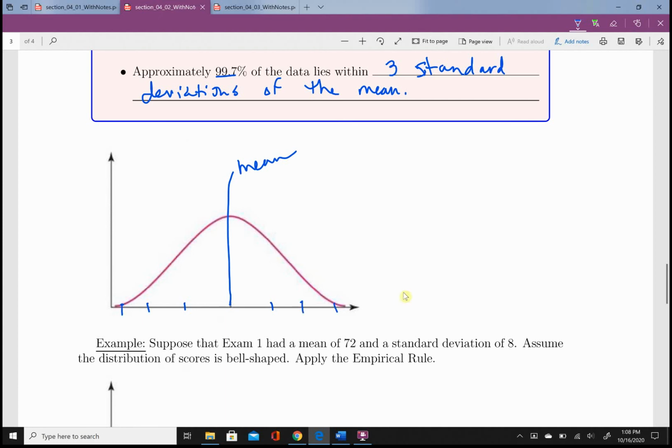The standard deviation value is constant. I tried to make these equidistant, but this length is a little bit more than that one, which is a little bit more than that one. So just bear with me. Just pretend these tick marks are all equidistant from one another. Okay, so from here to here, this area represents 68% of the data.